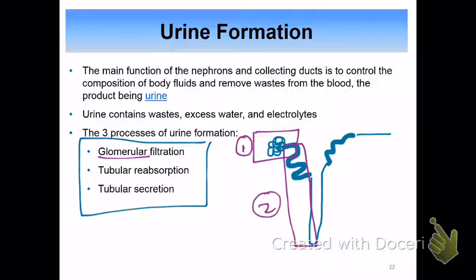Most of it happens in the proximal convoluted tubule, and then in the descending portion. Now, in the ascending portion, that's going to be step 3, tubular secretion. Okay, so let's jump right into these 3 steps here.